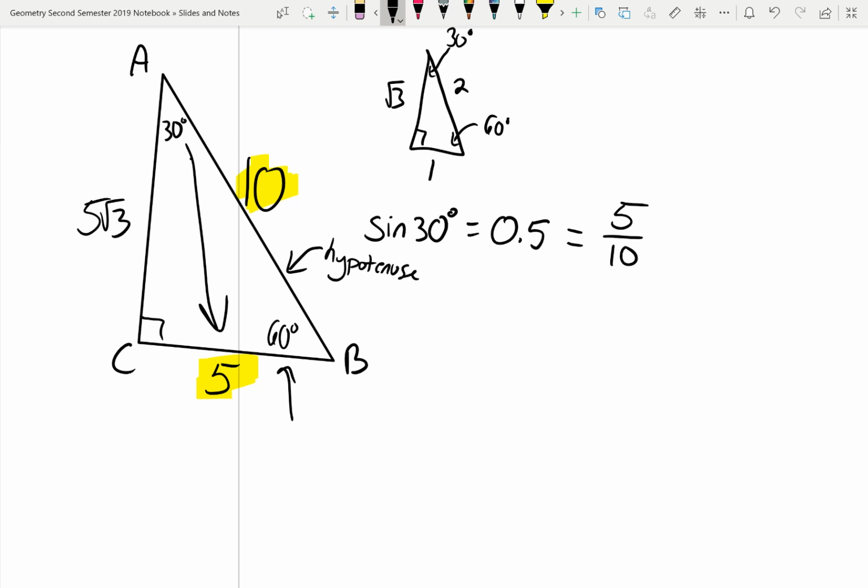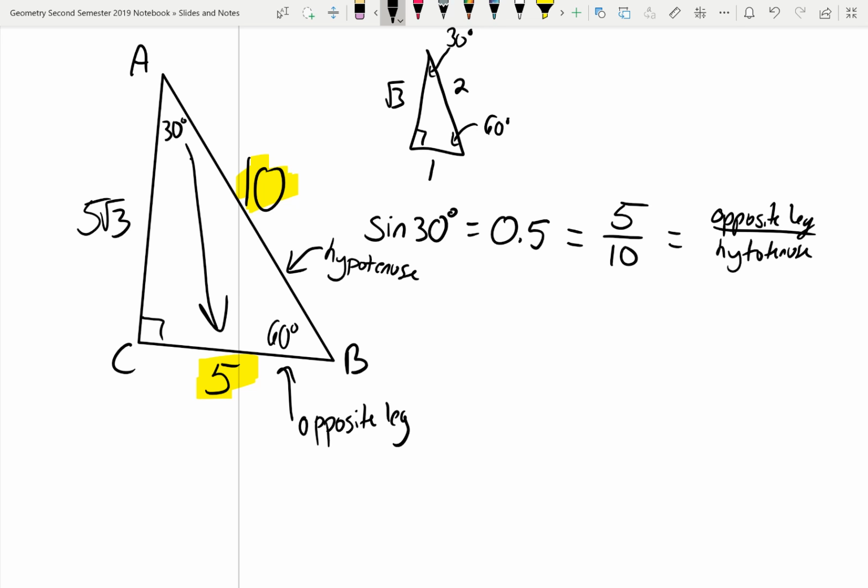So this is going to be the opposite leg. And that means that sine of 30 degrees is equal to the opposite leg divided by the hypotenuse. So sine is opposite leg over hypotenuse.